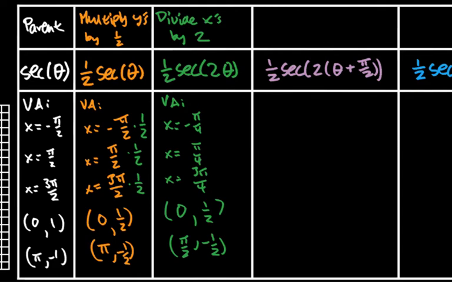We're going to move this horizontally. So moving it horizontally to the left, that means we're going to add the h value. So add negative pi over 2. Remember, that's the same thing as subtracting. Do that to the x's.